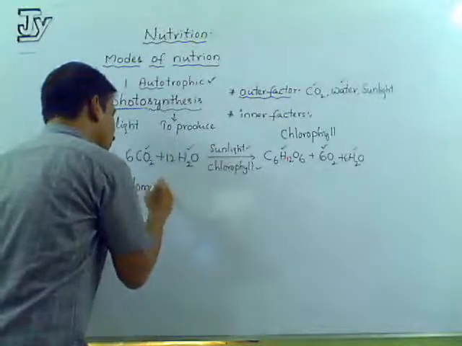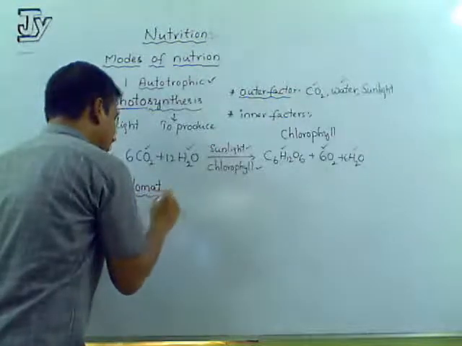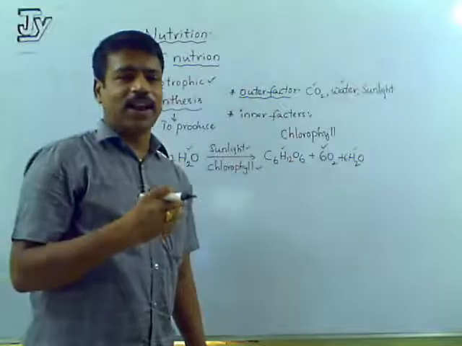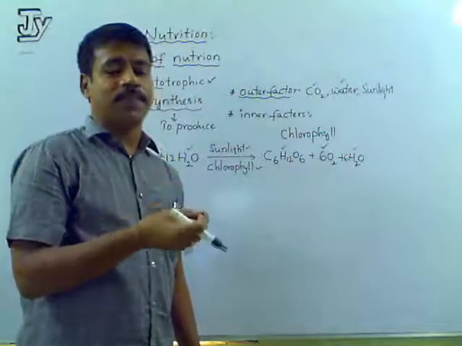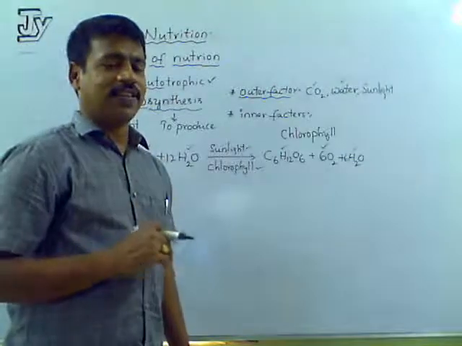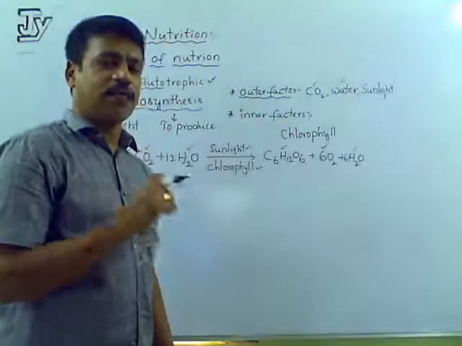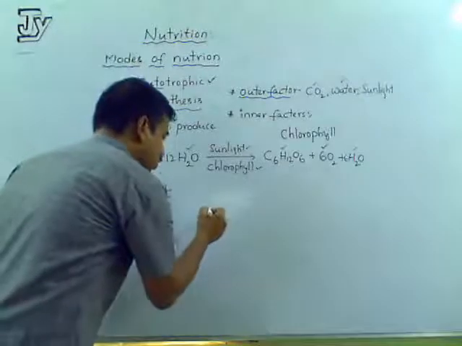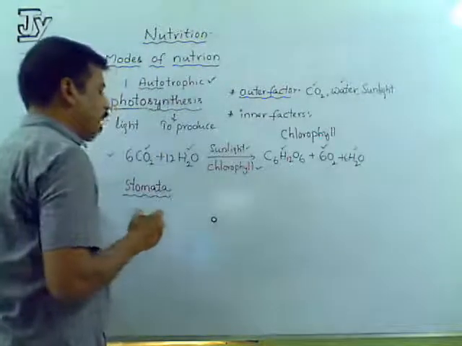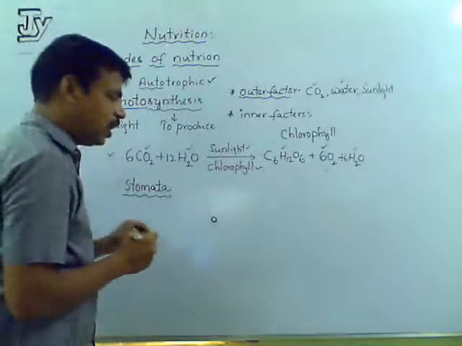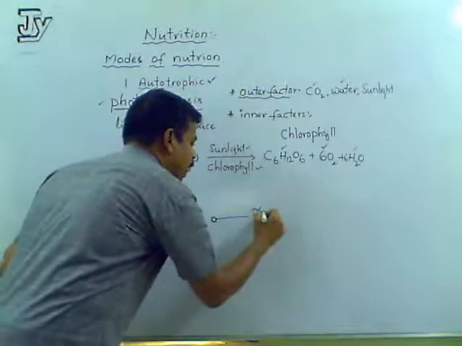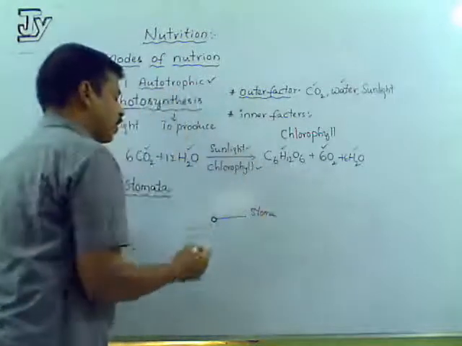What are stomata? Stomata are nothing but small pores which are present mainly in the green leaf. Let us draw the diagram of stomata. When we observe under the microscope, we find a small pore in the leaves, and this small pore is called a stoma.